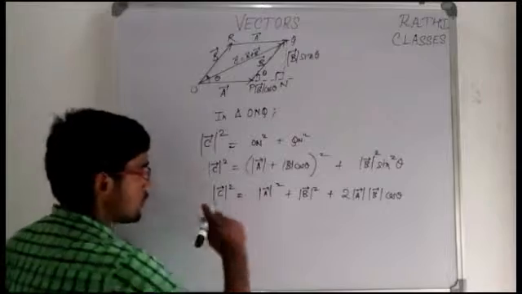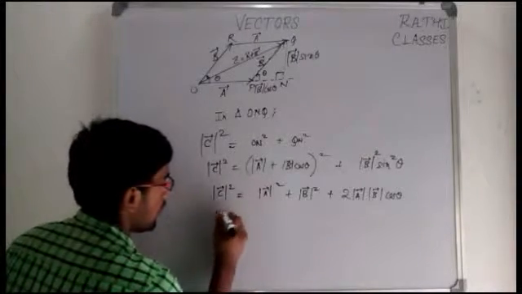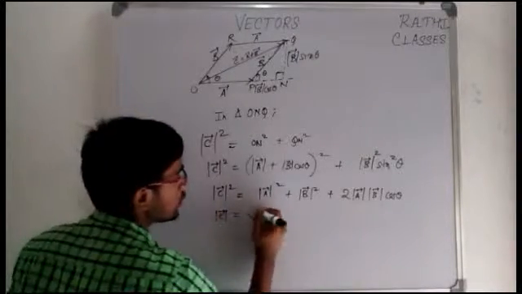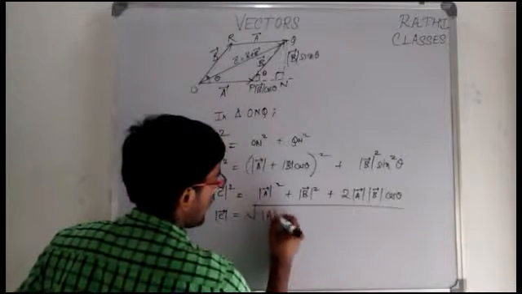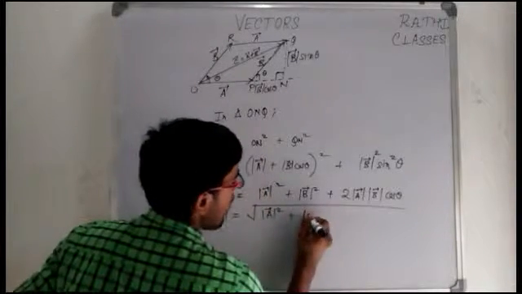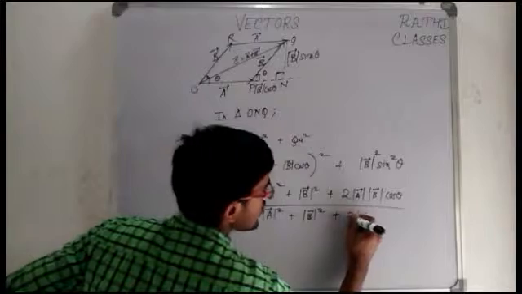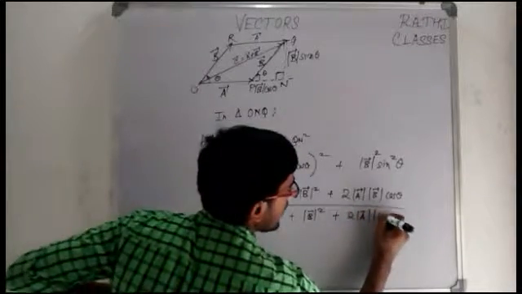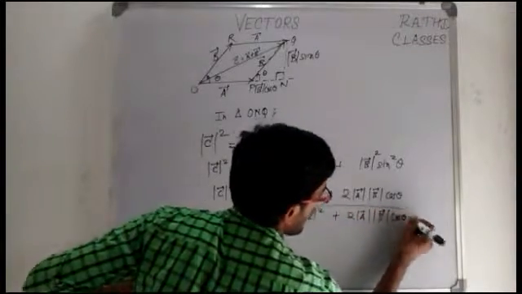Now, modulus of vector C is equal to root over of modulus of A square plus modulus of B square plus 2 mod A mod B cos theta.